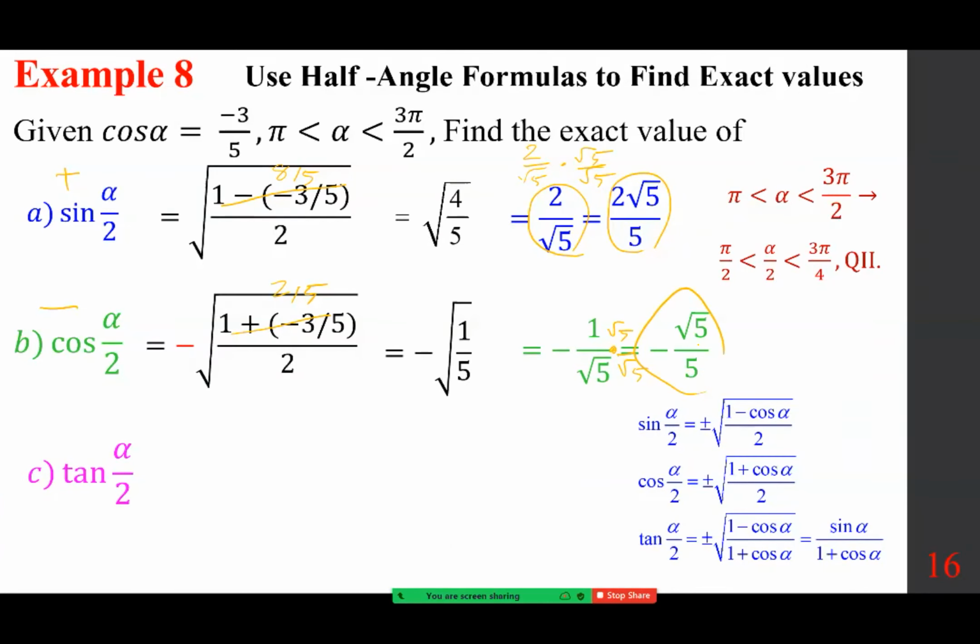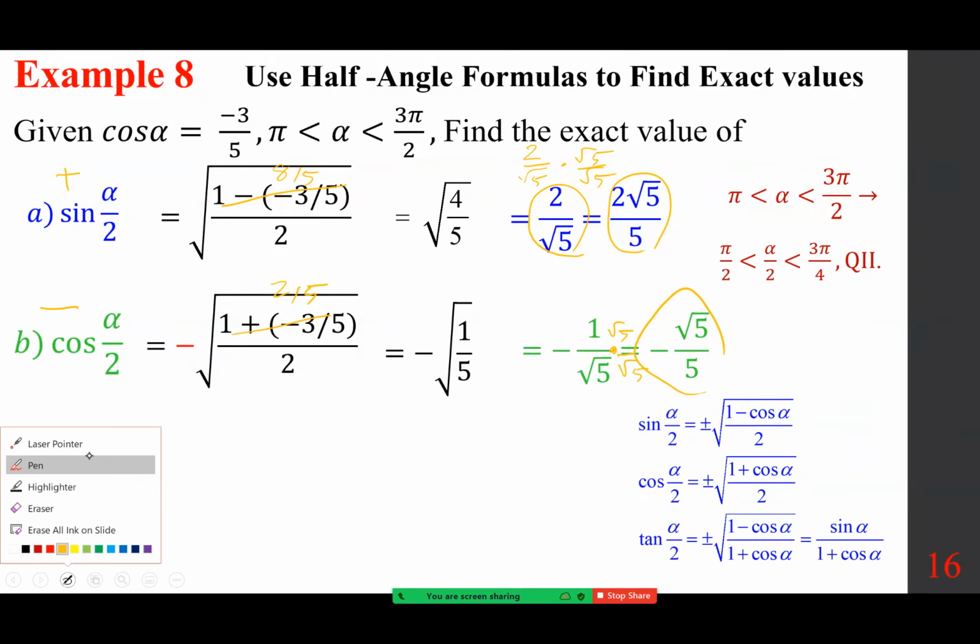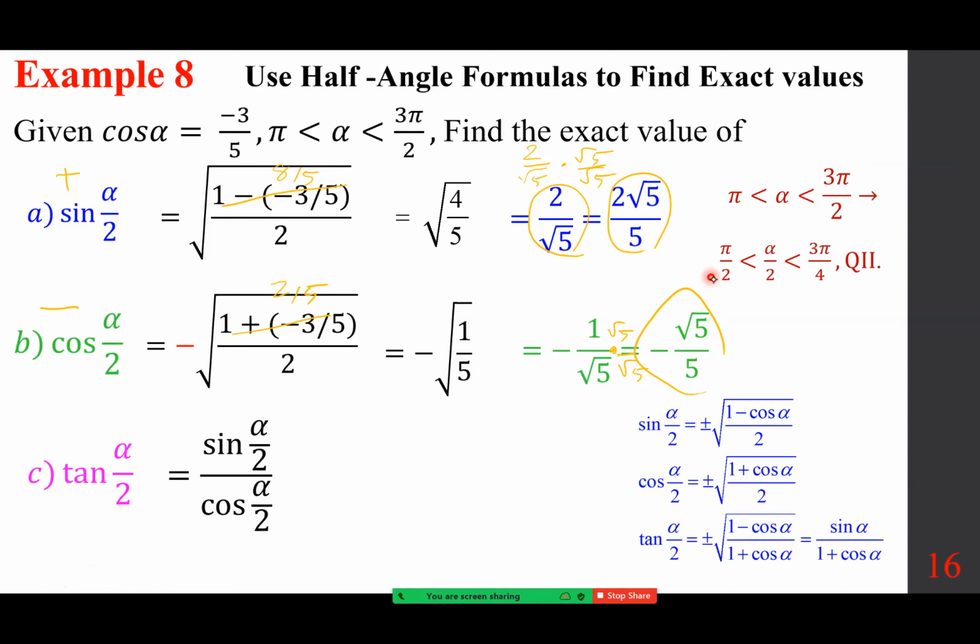For tangent, we can use any of these formulas. But the fact is we have sine and cosine, so let's just look at the ratios. That would be the fastest way. So sine over cosine. Sine is 2 square root of 5 over 5. Cosine is minus square root of 5 over 5. Again, can we use others?